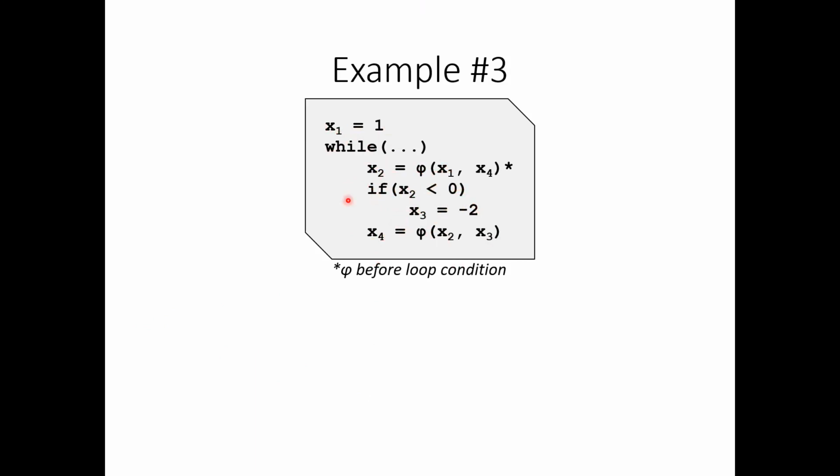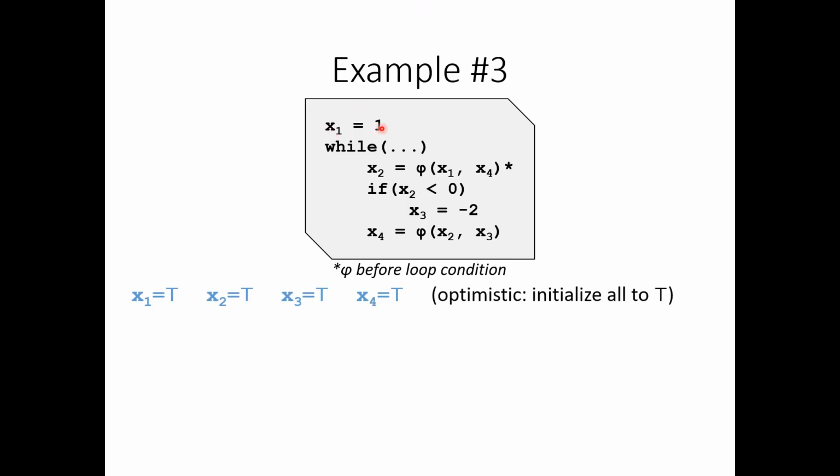Okay, but let's see if our optimistic constant propagation can discover that. So as before, we're going to initialize x1, x2, x3, and x4 all to top. We're assuming that everything is constant. Not just that, we assume that everything is whatever constant we would like it to be. Okay.